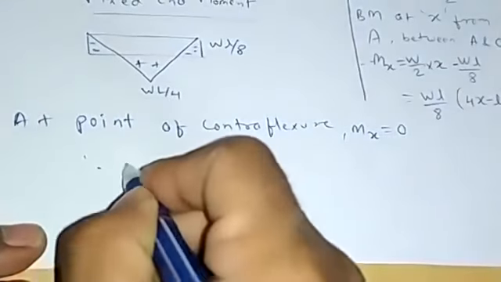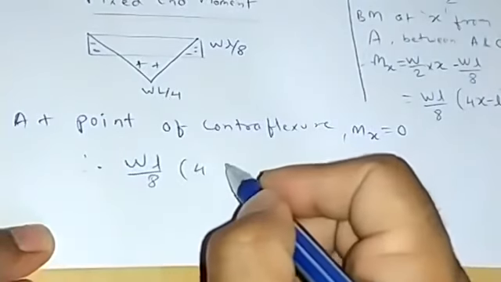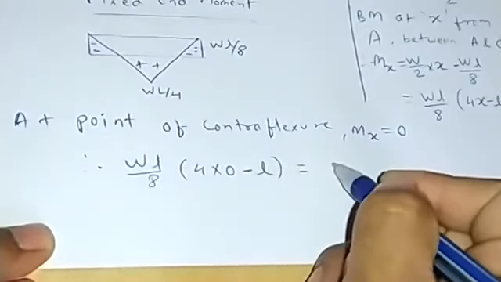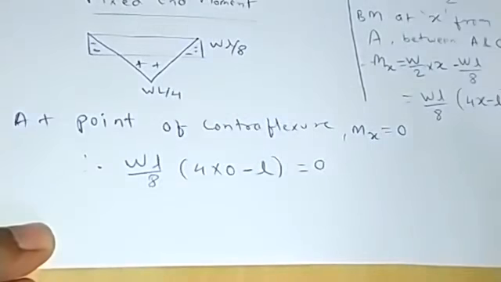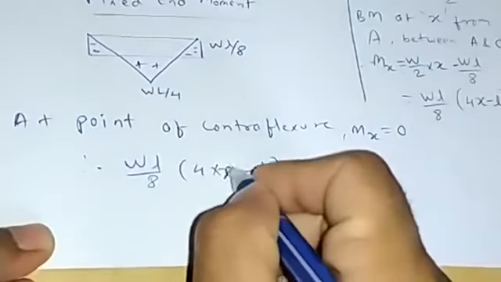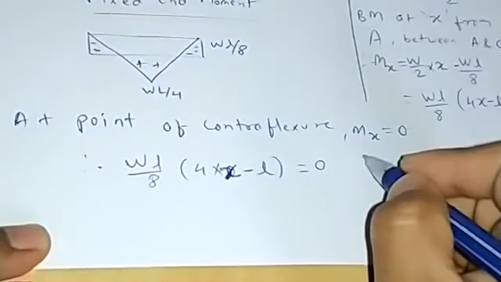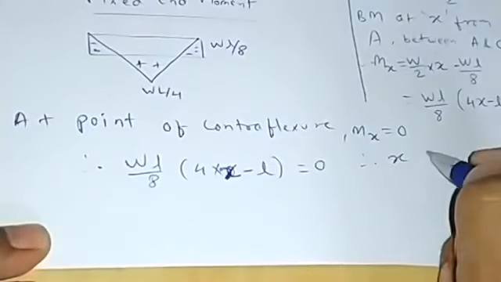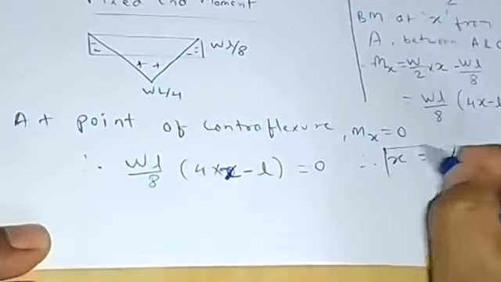So we will get WL by 8 into 4x minus L, which is equal to 0. So in that case, if we solve, we will get x equal to simply L by 4.